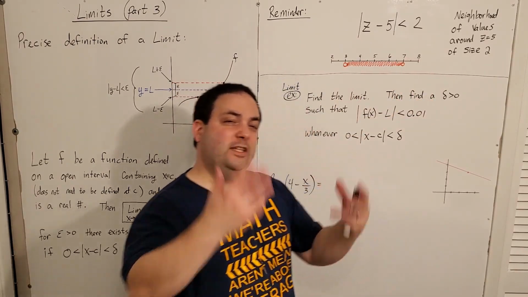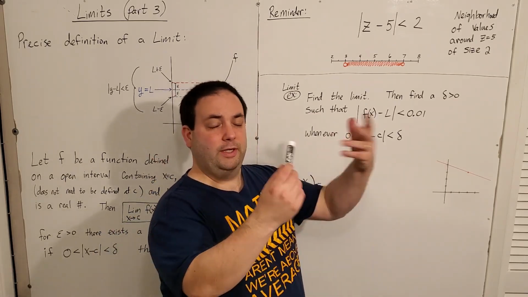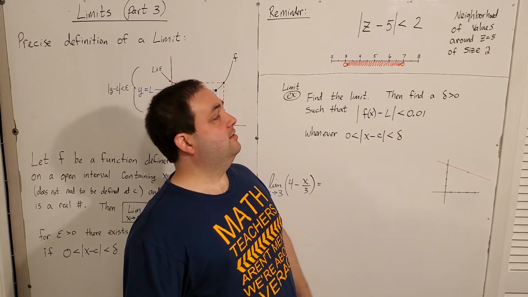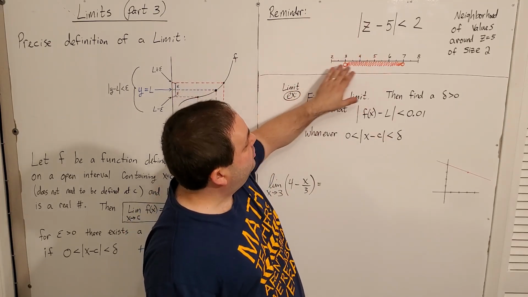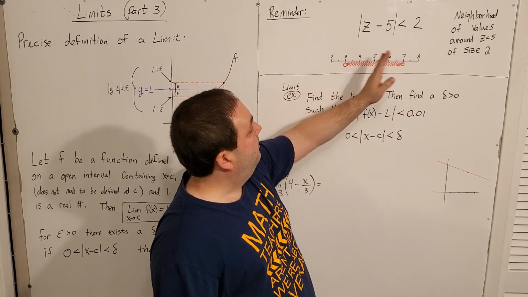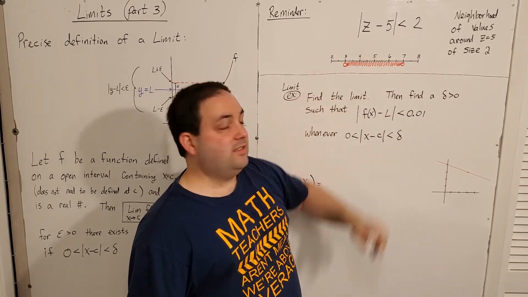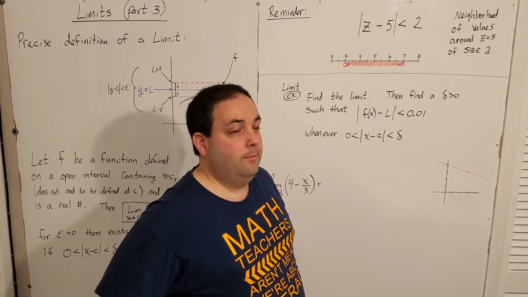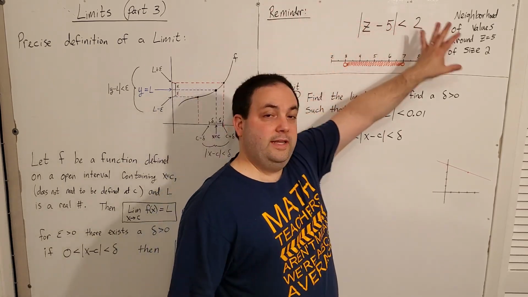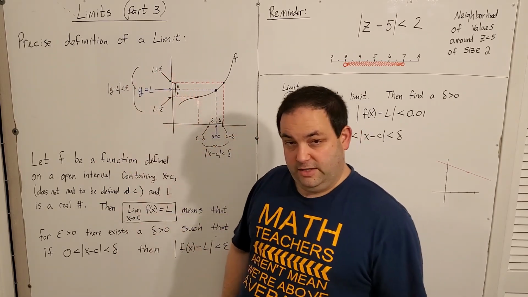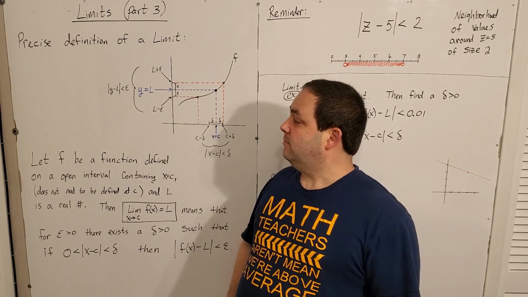You can generalize this idea into 2 and 3 and higher dimensions by using circles and spheres and things like that. But here on a number line, it's just an interval, and I'm talking about all of the values on either side of 5 at a distance of 2 away. So keep that in mind as we go through this precise definition of limits.